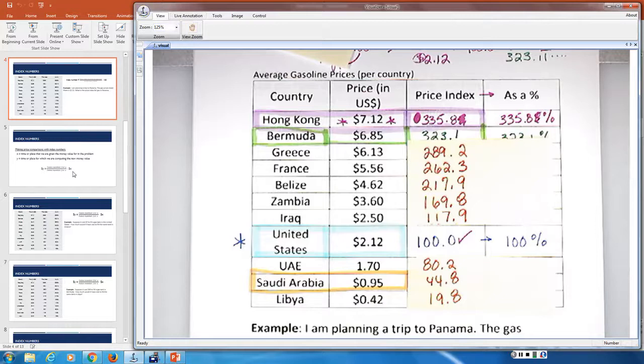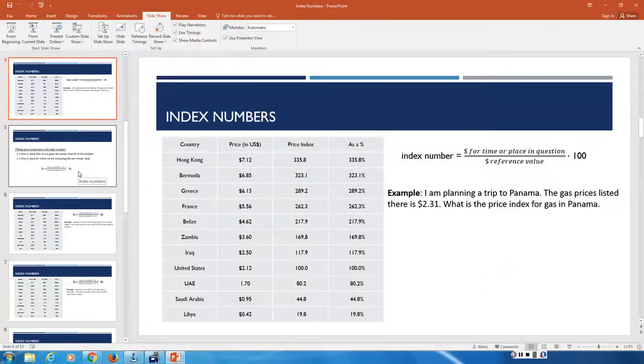So for an example, I'm planning a trip to Panama. The gas price listed there is $2.31. What is the gas price index, or the index price for gas in Panama?